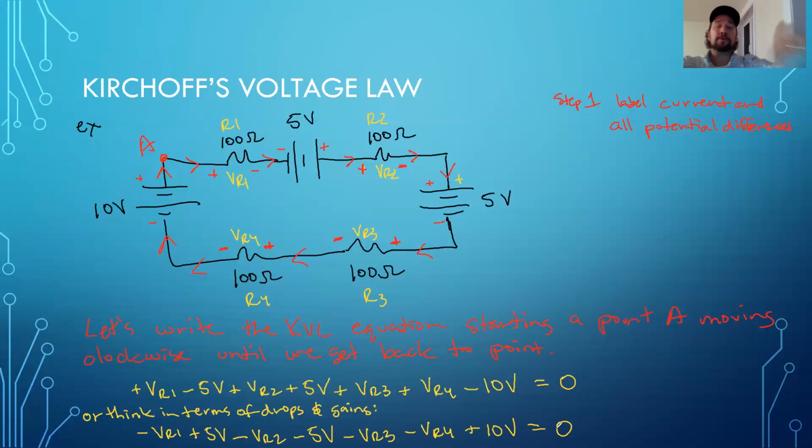And if you look at those two equations, you see that the signs are exact opposites. All it is, I can take this whole equation and transfer it over to the other side by changing the sign. So these two equations are exactly the same. I don't care how you do it or how you want to think about it.